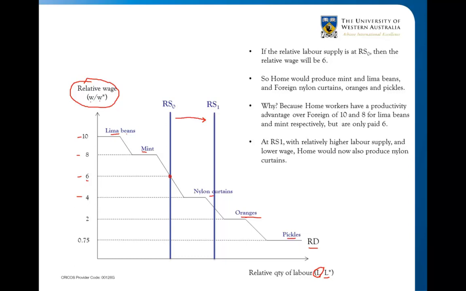But just because there is that wage discrepancy, that there is a relative wage advantage, if you like, between Western and Eastern Europe, that doesn't mean that therefore the cheaper country is going to produce everything. There's a reason why their relative wages are lower in Eastern Europe, because they are not as productive.